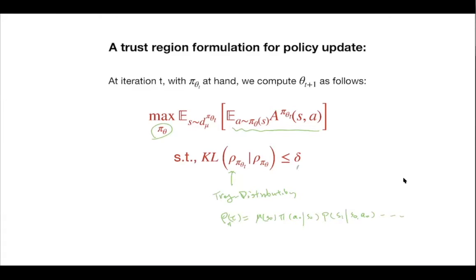This is the hyperparameter that you're going to tune, and this constraint is what I call the trust region.